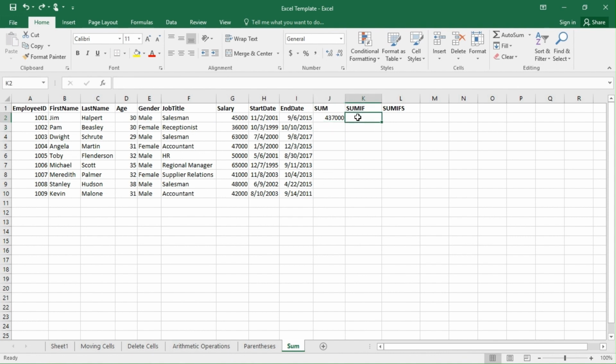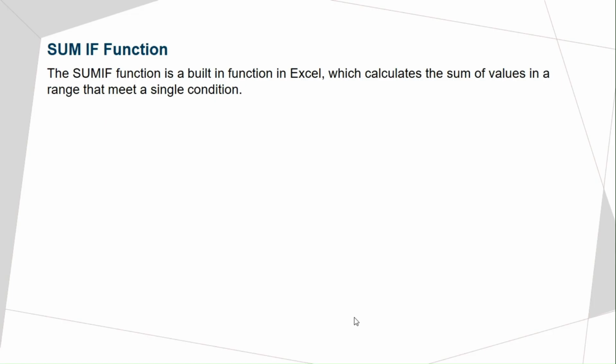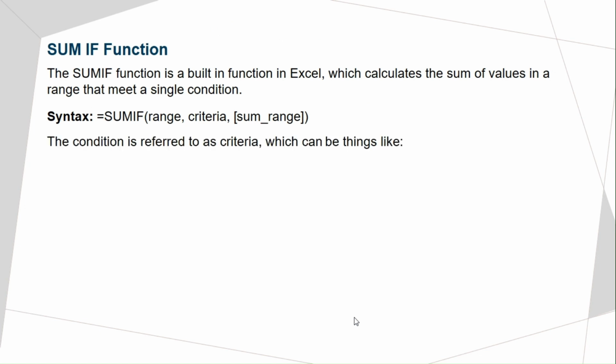Let's look at SUMIF. The SUMIF function is a built-in function which calculates the sum of values in a range that meets a single condition. The syntax of SUMIF is equal to SUMIF, in brackets, the range, then the criteria, then the sum range.